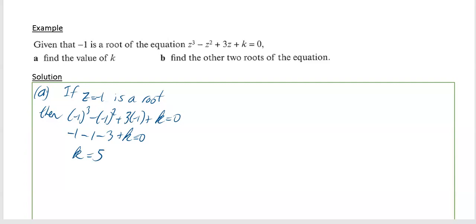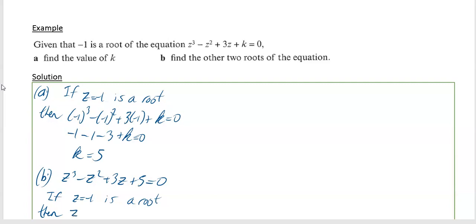Okay, part B says find the other two roots of the equation. First thing I'm going to do is rewrite the equation as z cubed minus z squared plus 3z plus 5 equals 0. We know that minus 1 is a root, which means that if z equals minus 1 is a root, then z plus 1 is a factor.